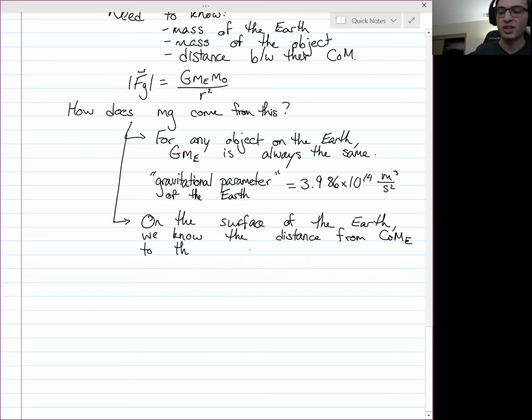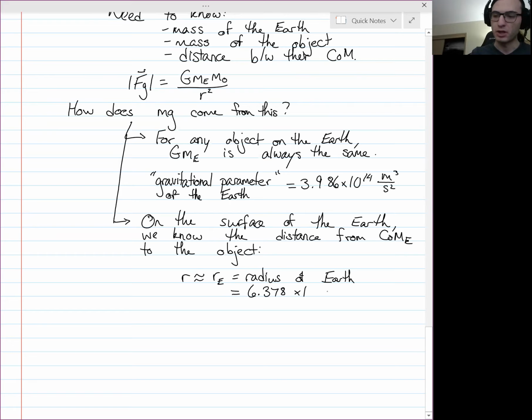It's just the radius of the Earth. It's the distance from the center of the Earth to the surface. This value of r is approximately the radius of the Earth, and that is approximately 6.378 times 10 to the 6th meters.